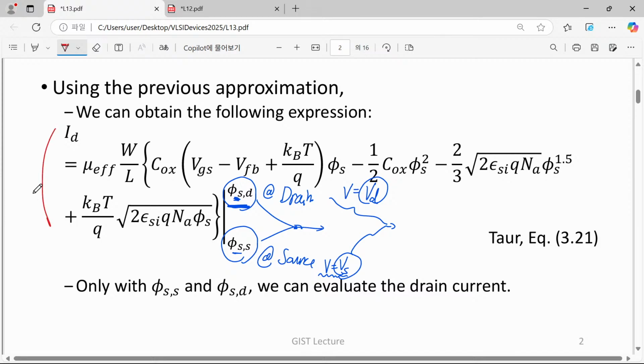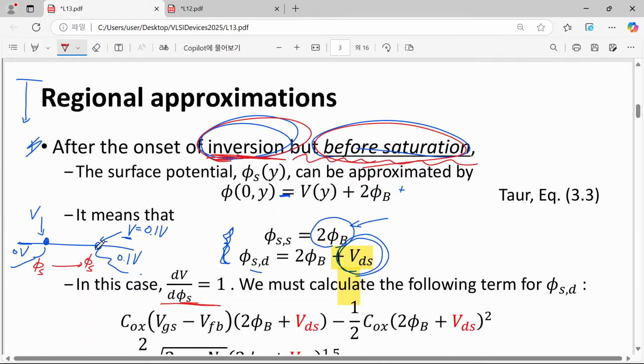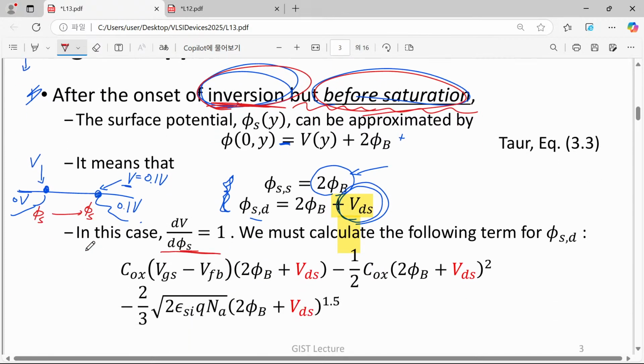However, if we apply this expression, it doesn't work, because when our gate bias is small enough, our surface potential cannot meet this 2 times phi_F band-bending condition.